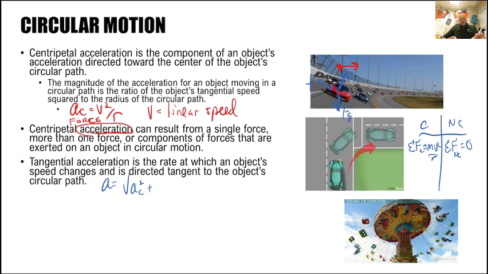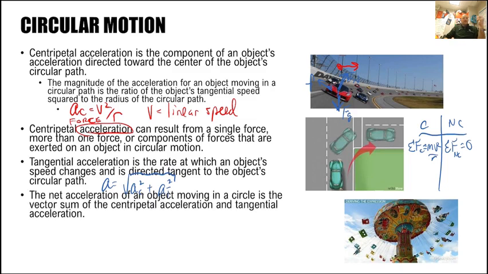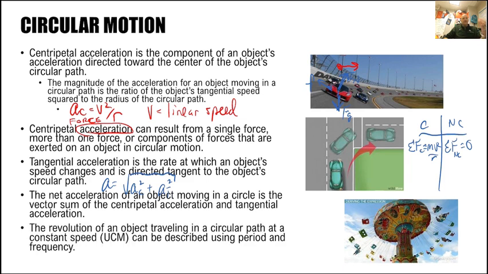The overall acceleration a is going to be the square root of a sub c squared plus a sub t squared. So the net acceleration of an object moving in a circle is the vector sum.